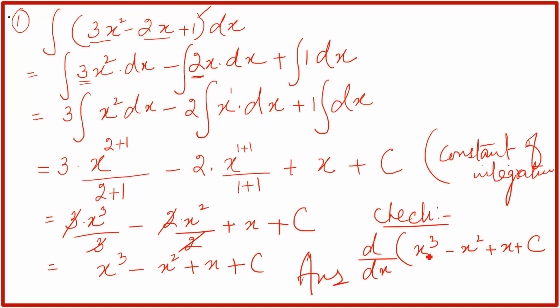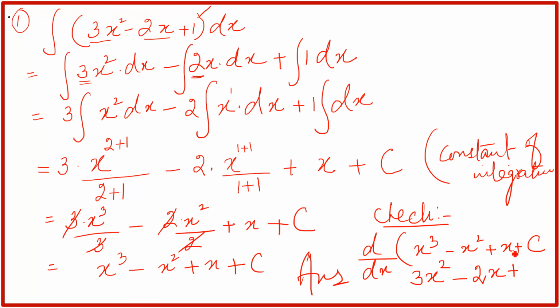So how will we take the derivative? See, this power we will make the coefficient: 3x, and the power will reduce by 1, 3 minus 1, which is equal to 2. Same thing here, this power will come here as a coefficient, and then x, and you subtract one from the exponent, 2 minus 1, which is 1, so 2x.